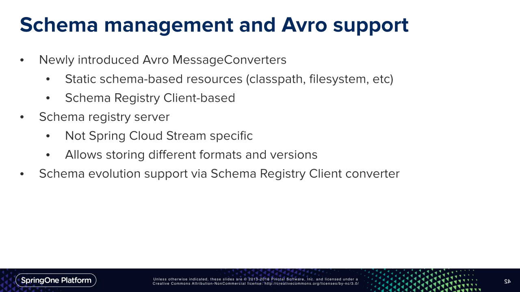In fact, we are considering whether it should stay in the project and move into another of our projects that's focusing more on enforcing contracts across microservices, so Spring Cloud Contract. For now, the schema registry server lives in Spring Cloud Stream, so you can run it from there. But what is interesting is that it supports schema evolution through the schema registry client converter.